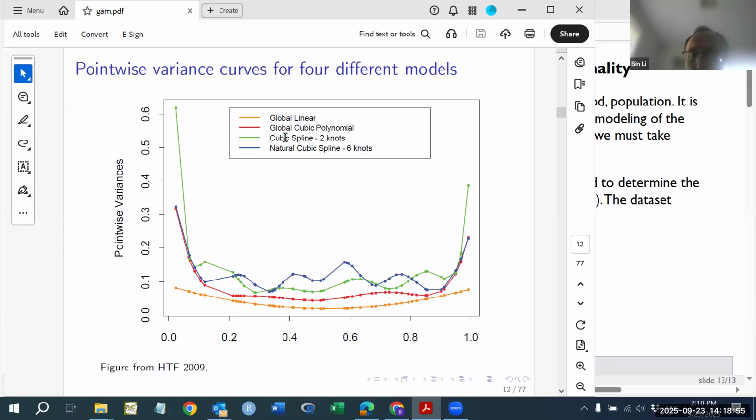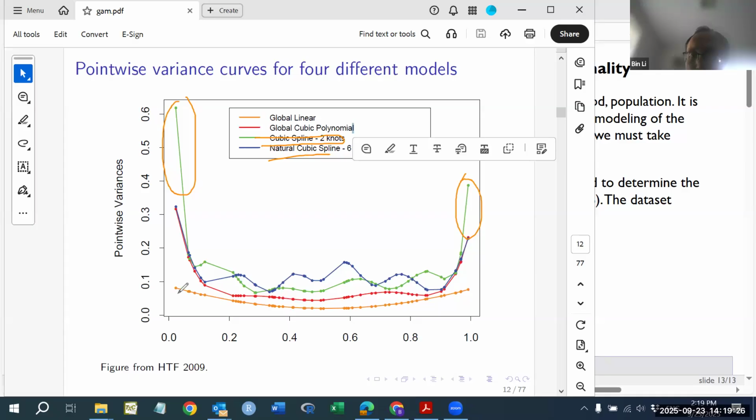But if we do the global cubic order and the natural spline with 2 knots, you can see it can go very high for the cubic spline with knots, the green one. When we reach the boundaries, the variance goes super high. You see that? So that's the boundary effect from the cubic splines. But the natural spline is much better than the cubic spline with 2 knots, like the B spline.